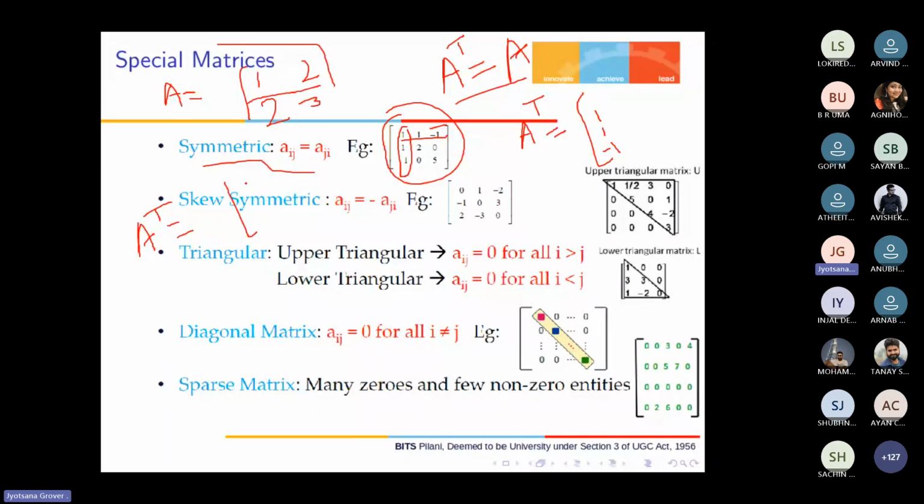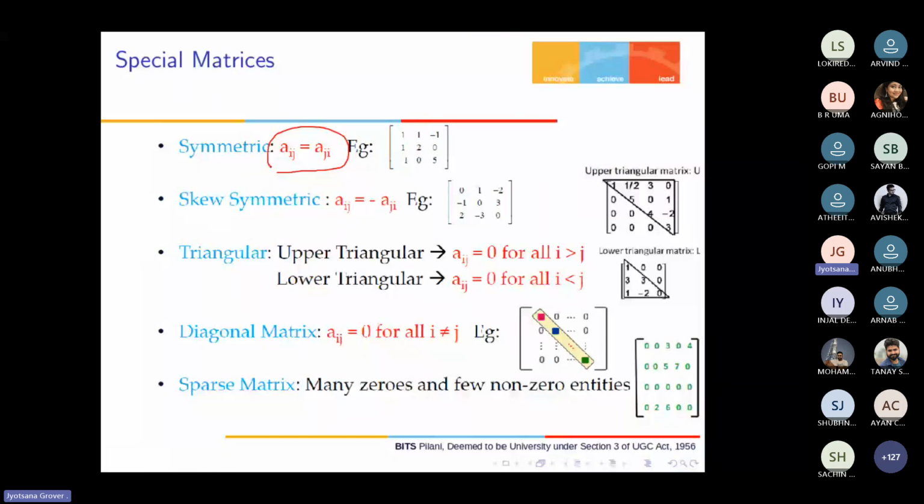It will become the first column, 1, 2. The second row is 2, 3. It becomes the second column, 2, 3. So here the A transpose, you can see it's the same as A. So that means that it is symmetric. They have a special property. You will see when you study eigenvalues and eigenvectors.